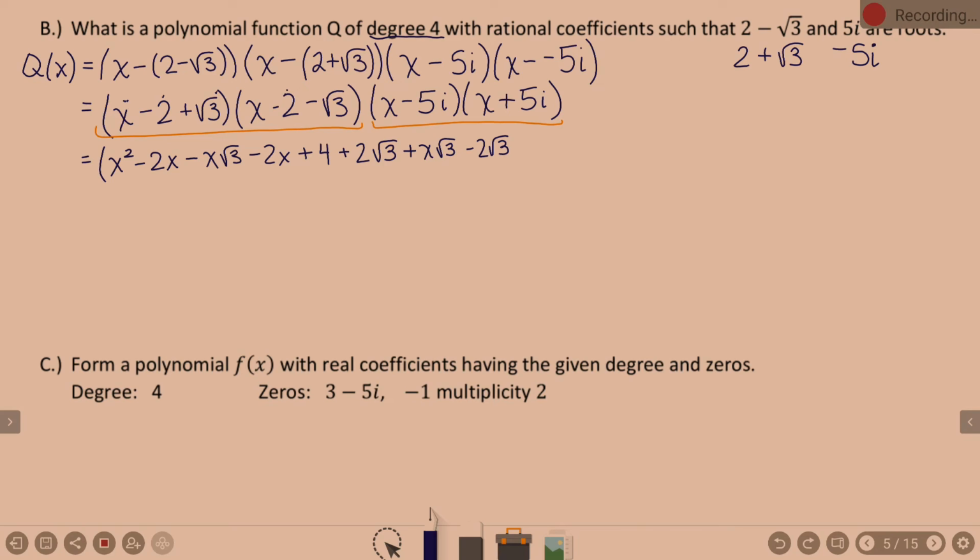And then square root of 3 times negative square root of 3. What is square root of 3 times square root of 3? Square root of 3 squared. Okay, 3 times 3 is 9. Can we say square root of 9? Yeah. What is the square root of 9 going to be eventually? 3.